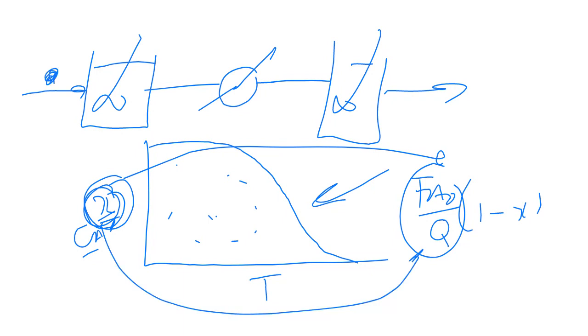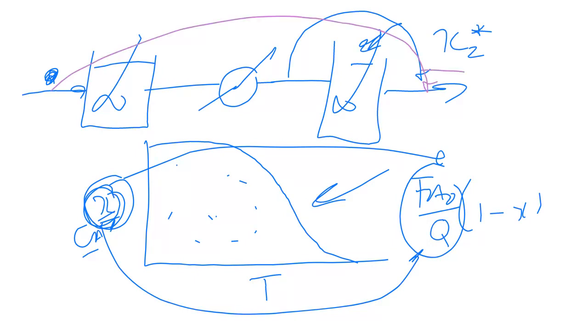And then I know some of you, when you consider the second reactor, like to use an incremental conversion. So let's call that X2 star. So I can either have X2 star or I can have X2, the overall conversion.